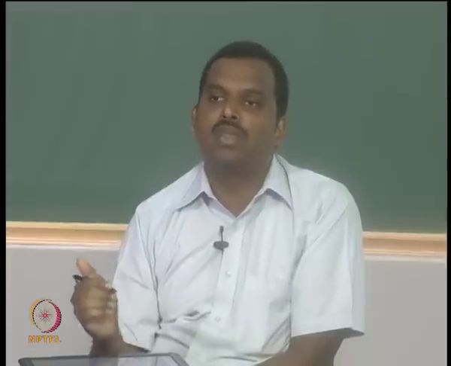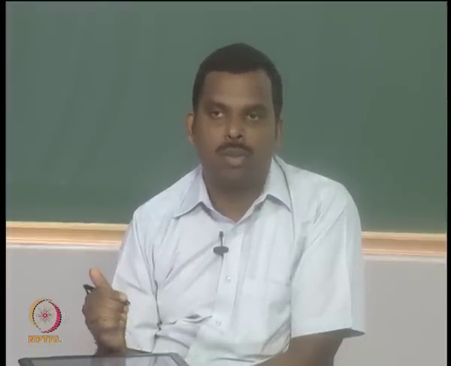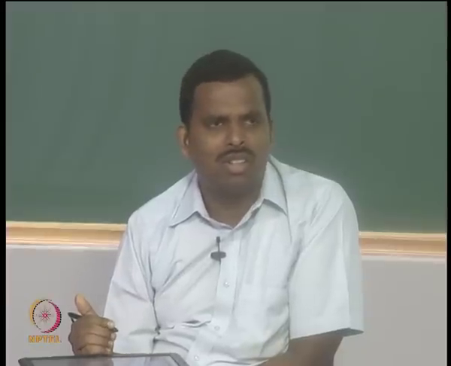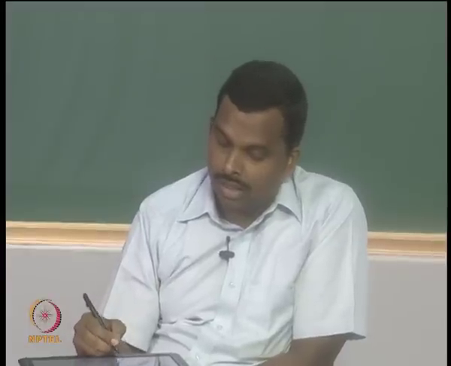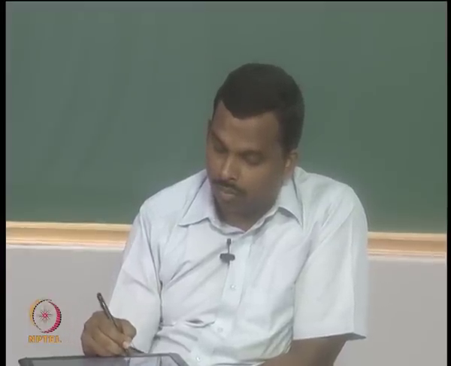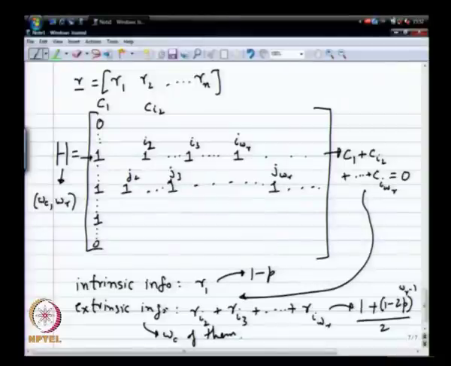What is the plus 1 from? The intrinsic estimate. So you have WC extrinsic estimates, and you have one intrinsic estimate for each bit at the end of the first iteration. The intrinsic one is very easy.